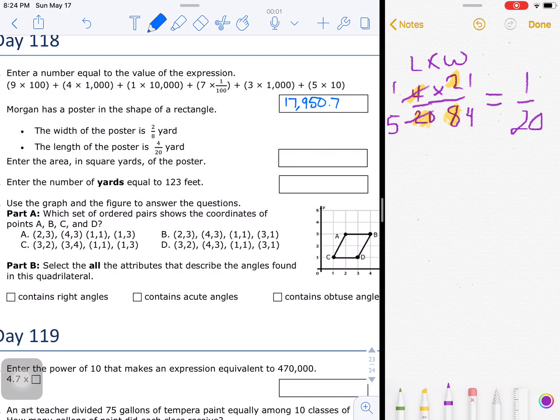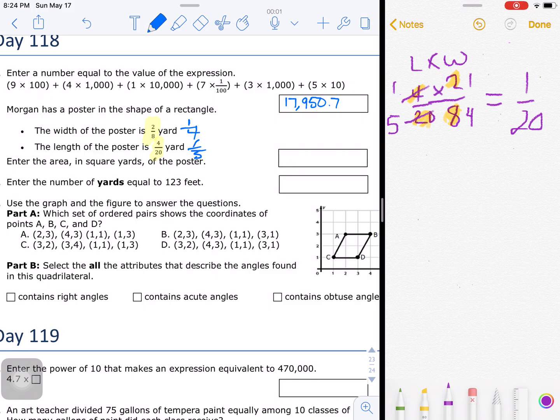Now, the other way that I might look at that is some of you might be looking at that and you say, oh, well, I know that 2/8 is 1/4. You may just recognize that right off the bat. And you also might recognize that 4/20 is 1/5. And then we would have 1/4 times 1/5, which is 1/20.